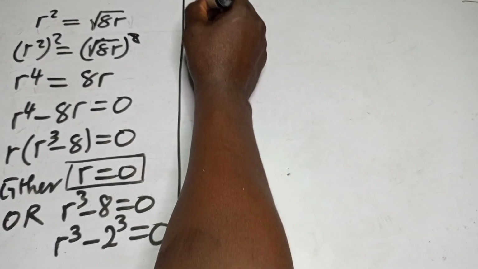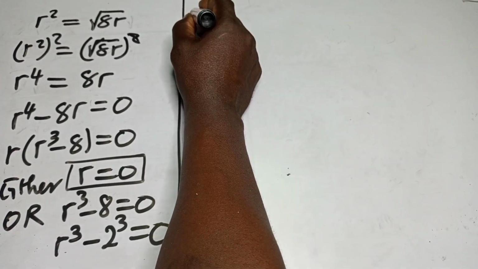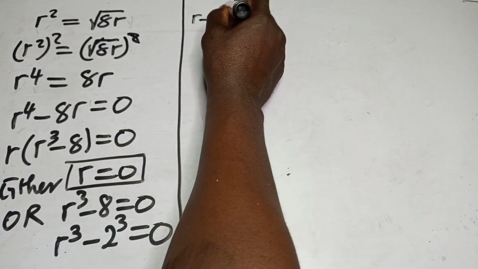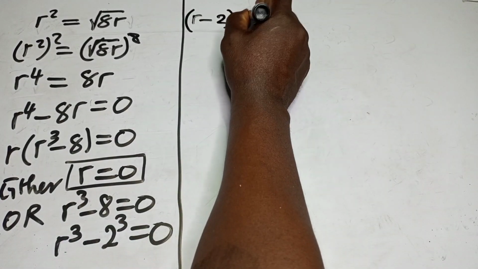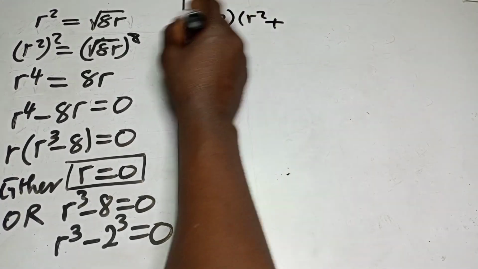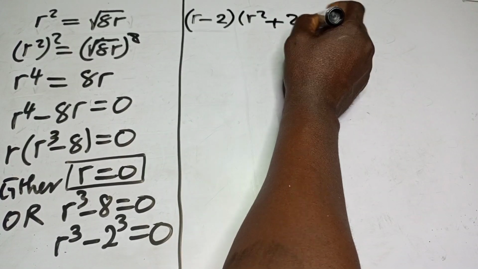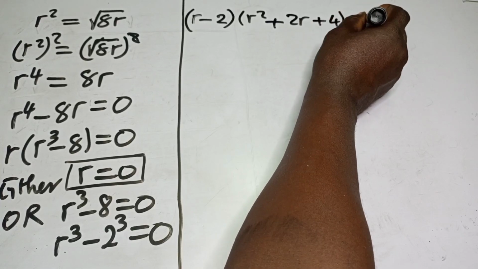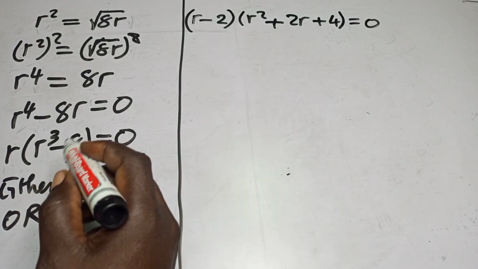So we're going to have r minus 2 into r squared plus their product 2r plus negative 2 squared, which is 4, equals 0.